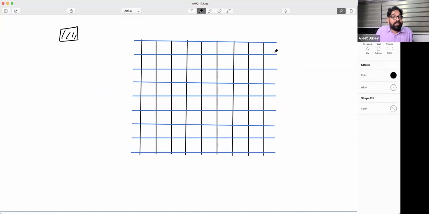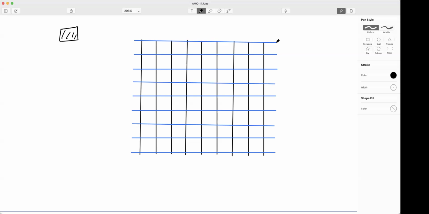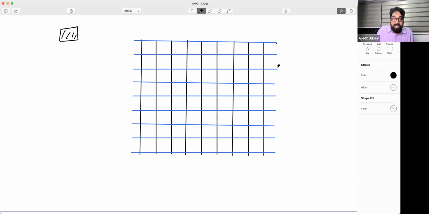So two consecutive lines, how many ways can you select? Either this, or this, or this, or this. Total 8 ways, because after this there is no next line. So 8 ways I can select two consecutive horizontal lines, and 8 ways I can select two consecutive vertical lines. So 8 into 8 will be the number of squares having 1 unit length.